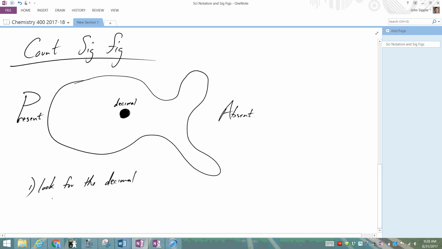If it's present, you start counting on the left. If it's absent, for the Atlantic side, you start counting on the right.